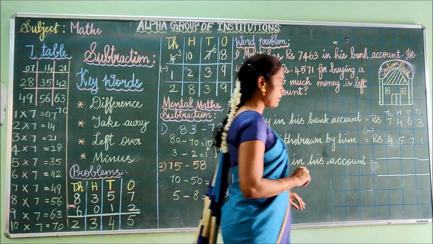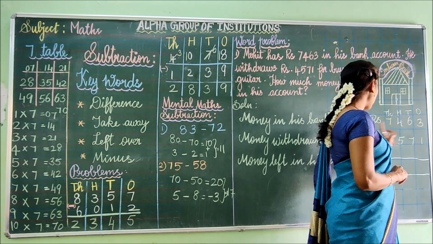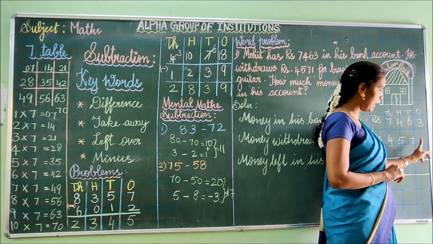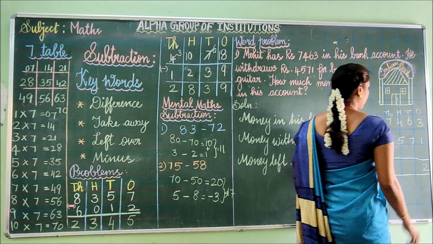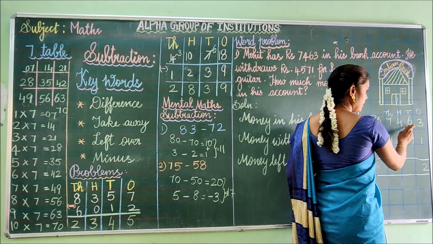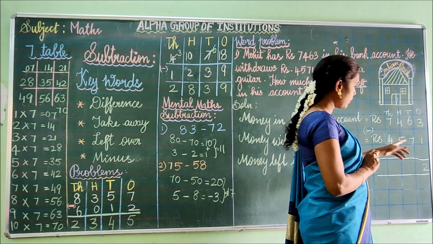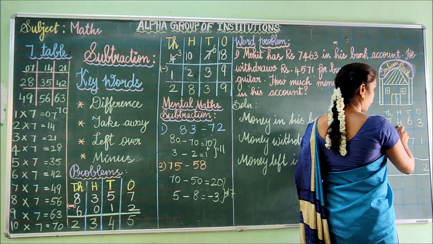Shall we subtract now? See here, in the ones place, 3 minus 1. 3 is greater than 1, so 3 minus 1 is 2. Very good. Next, move on to the tens place. Here we have 6 minus 7. 6 is a small number compared to 7, so you have to borrow one.